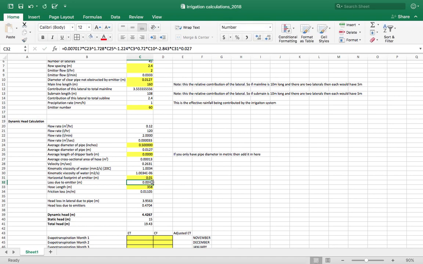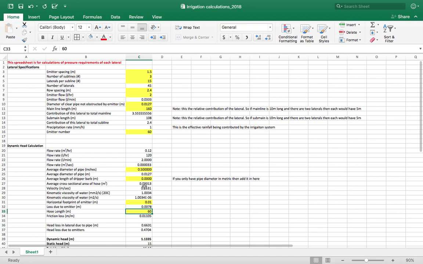So loss due to one emitter, this is in meters of head, so this is the amount of pressure we lose for each emitter. So 0.0078 meters, so not a lot per emitter. Hose length is 60 meters, so that's our lateral.